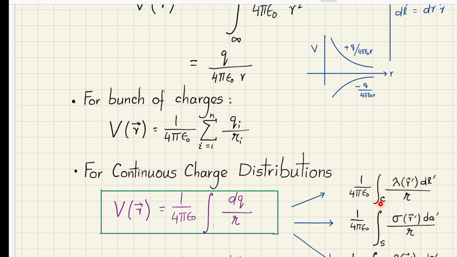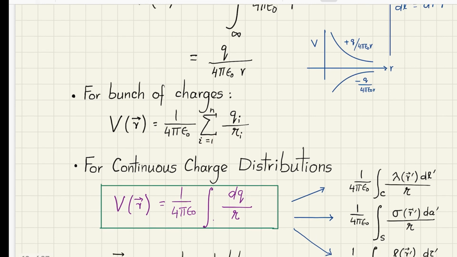There is the integration only over the sources. Here r is the field point, or sigma dA, or rho d tau. So this translates to either lambda, sigma, rho, or a summation of q, or even combinations of them.